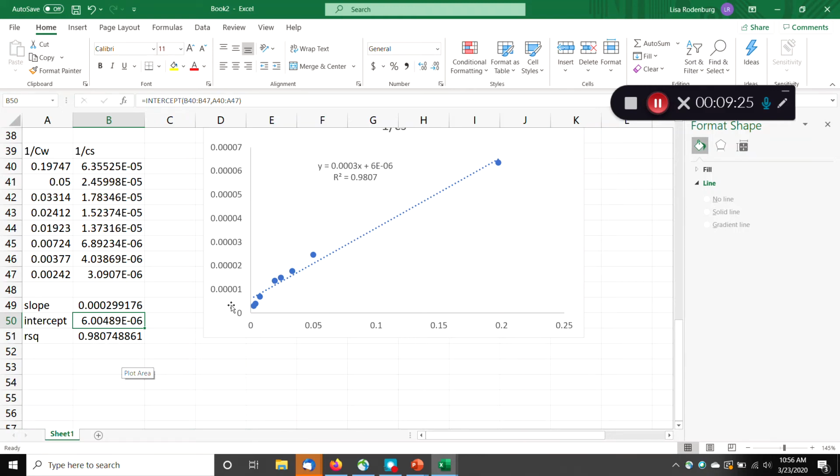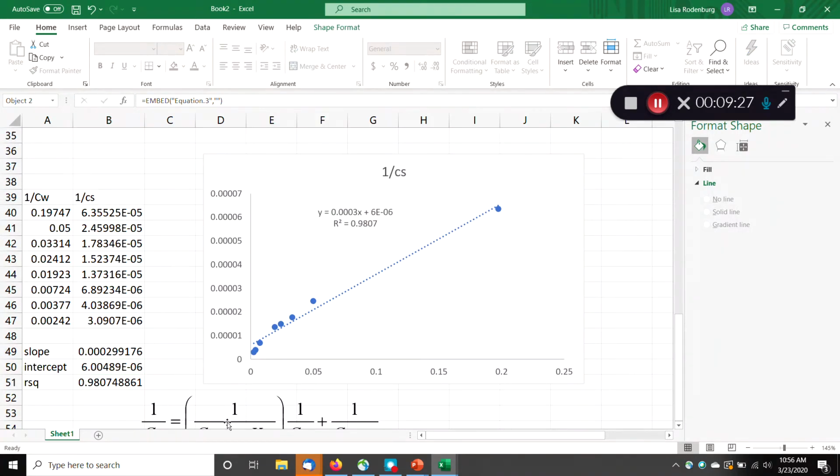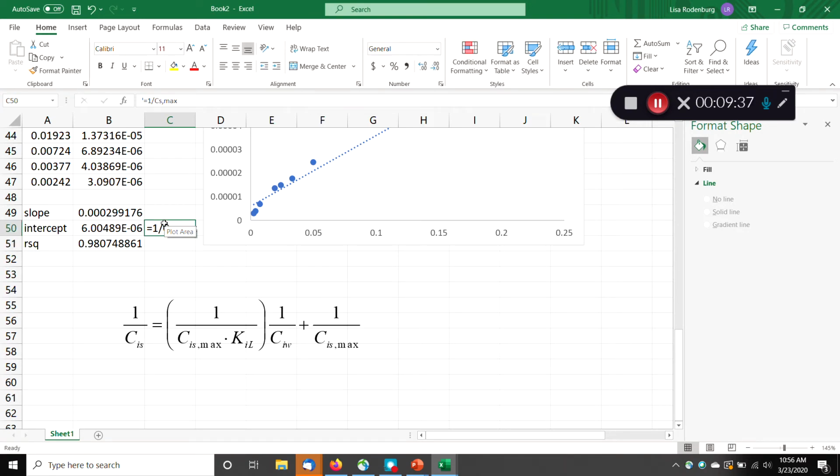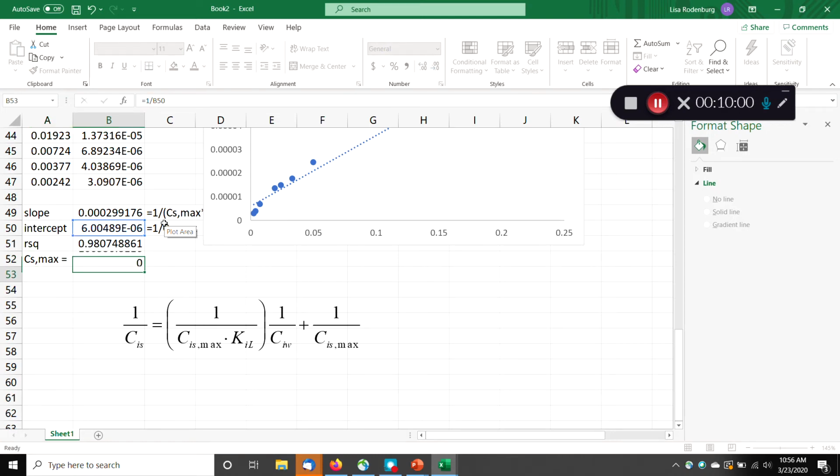So my intercept is equal to 1 over CS,max, and my slope is equal to 1 over CS,max times KL, right? So CS,max is equal to 1 over my intercept.